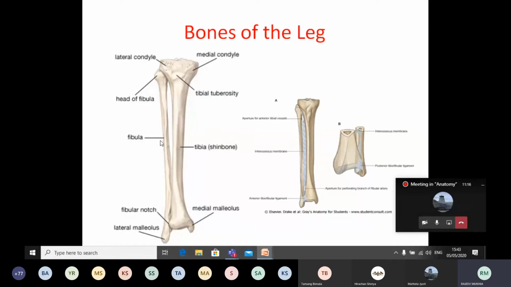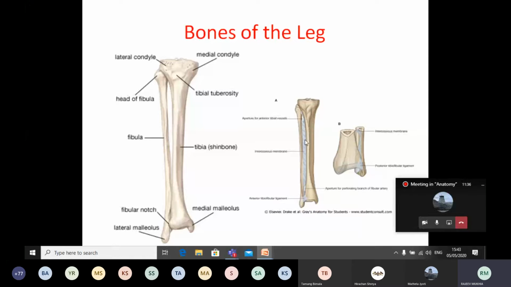Again in this shaft there is the anterior border, the interosseous border or medial border, and the lateral border. Three borders and three surfaces are present in the fibula, and likewise in the tibia. In this figure, this is the tibia bone and this is the fibula bone.